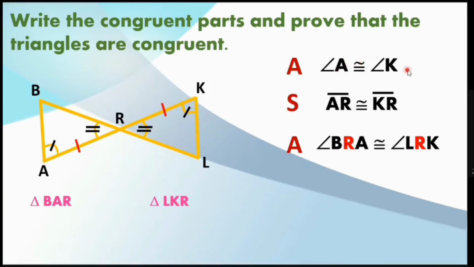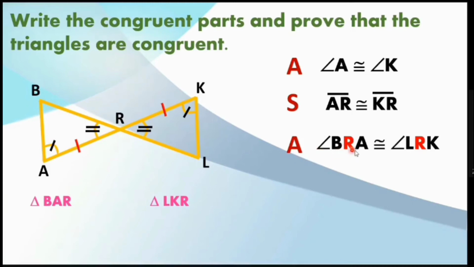Kung mapapansin natin yung first angles, yung angle A at saka yung angle K, pinangalanan natin siya using single capital letter only kasi it's the vertex of the angle. Ganon din dito. Pero we can actually name it also like angle BAR and angle LKR. Pwede rin pong ganon.